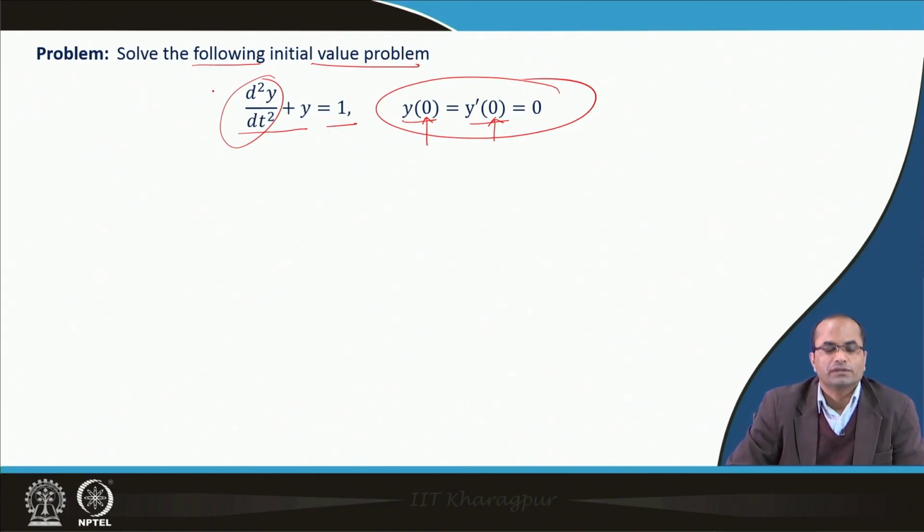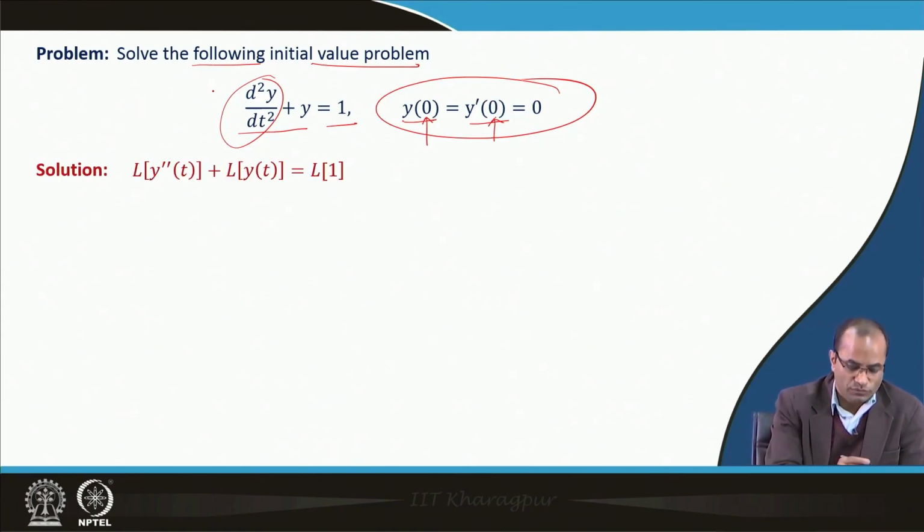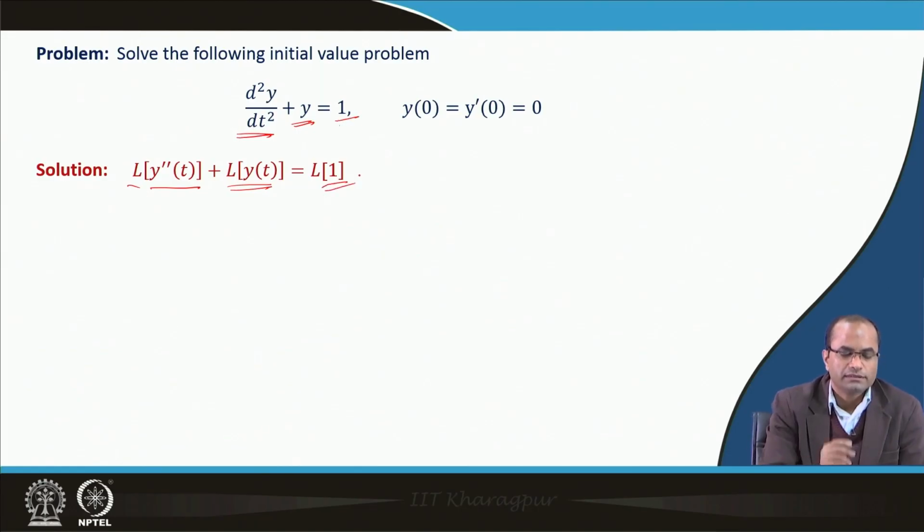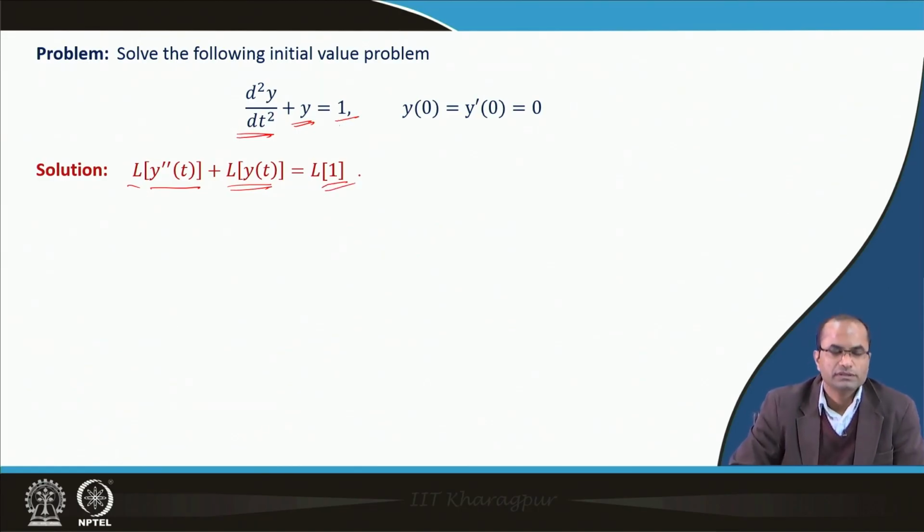So, we will apply the Laplace transform: Laplace transform on this double derivative plus Laplace transform on this y, and due to linearity we can apply it to each, and the right hand side is the Laplace transform of 1. So, this is the first step.